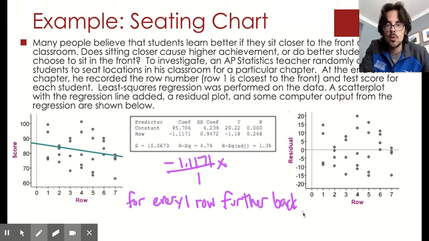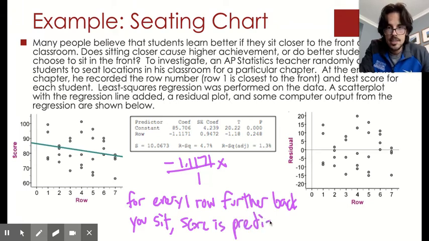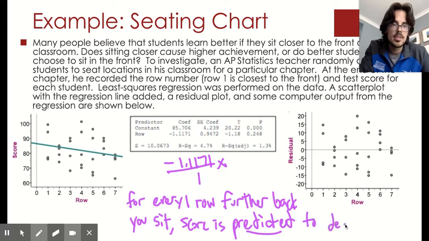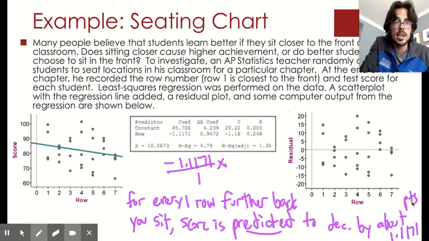So for every row further back you sit, score is predicted, you've got to say predicted or you'll get half credit, to decrease by about 1.1171 points.